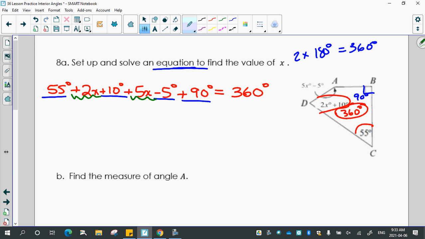So I've got 55 plus 10 minus 5 plus 90, which gives me 150 degrees, plus 7x equals 360. And I think it's break time, so we'll pause it.